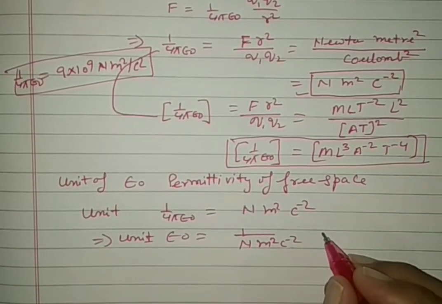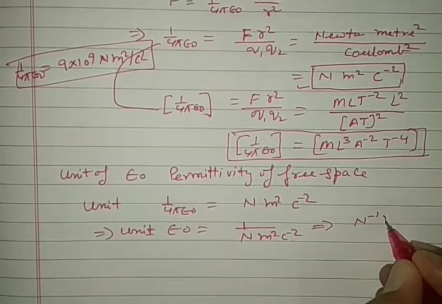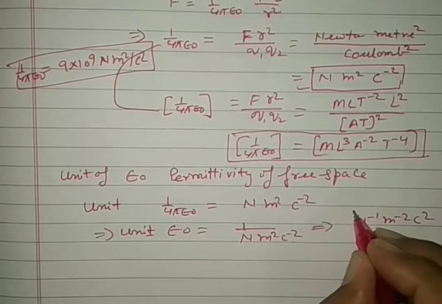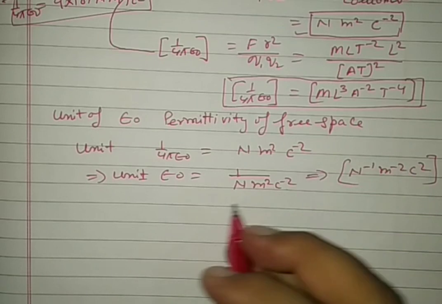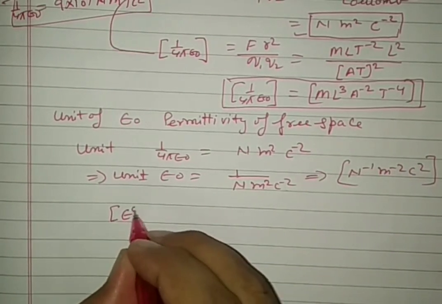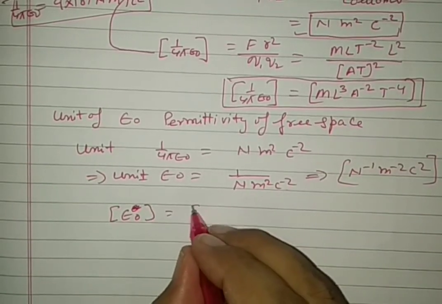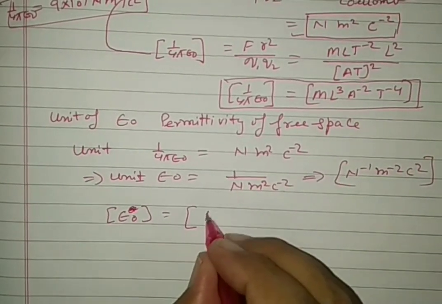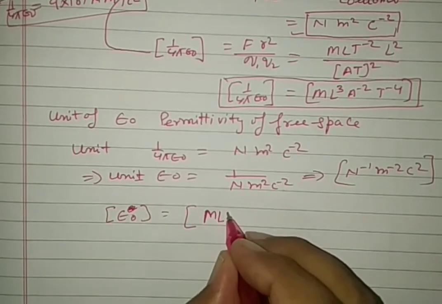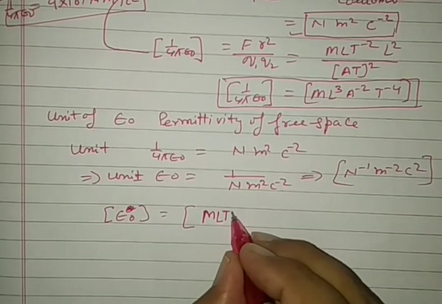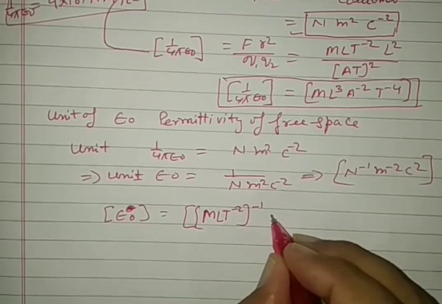So it becomes Newton inverse meter minus 2 coulomb square. And the dimensional formula of epsilon 0 is equal to: Newton is force, M L T minus 2, to the power minus 1.